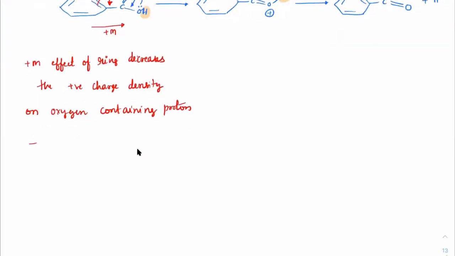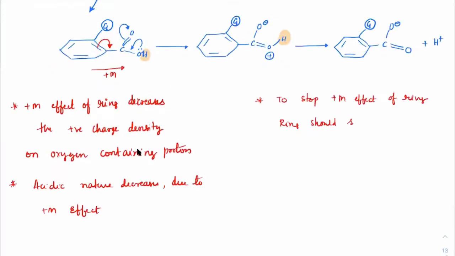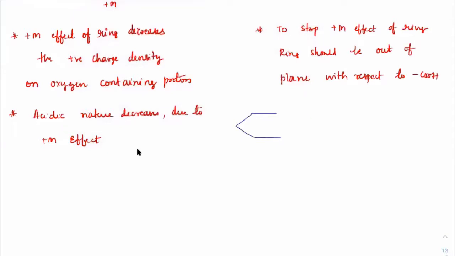Therefore, for acidic nature, the ring should be out of plane with respect to COOH. And I have C with oxygen, double bond O with OH this way.